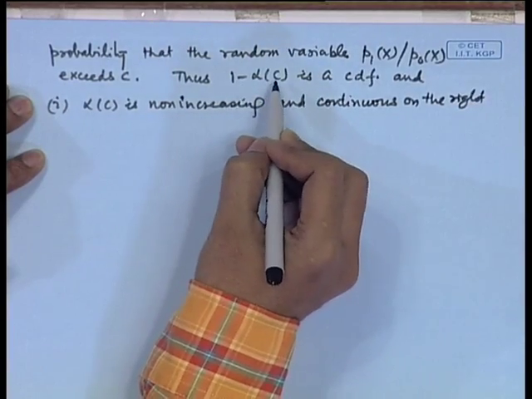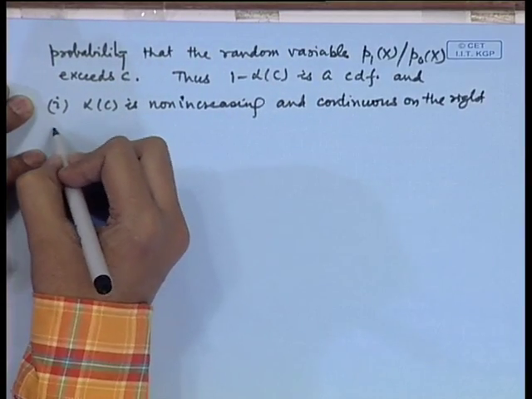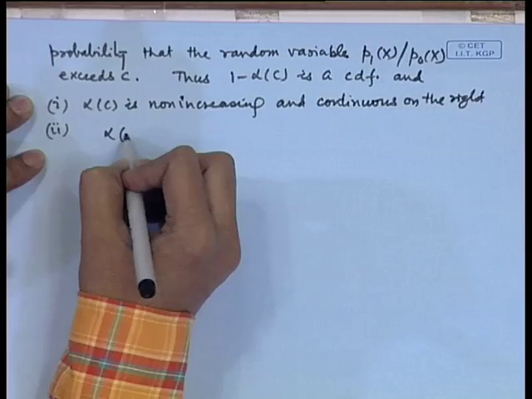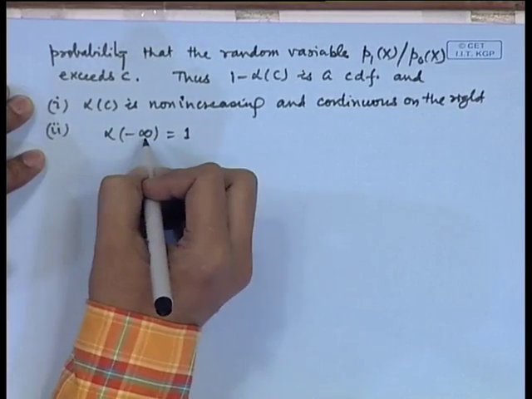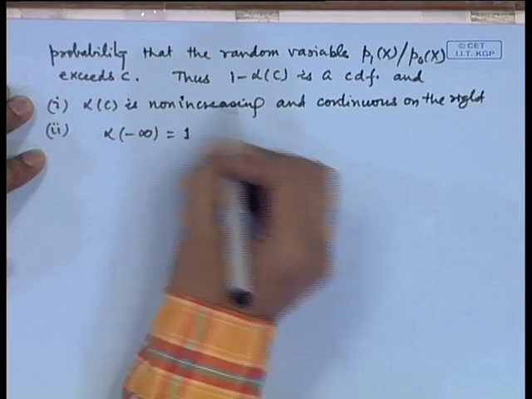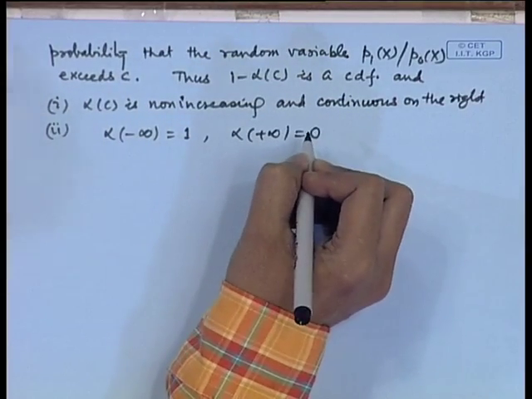If 1 minus alpha c is non decreasing, then alpha c will be non increasing. Secondly, alpha of minus infinity will be 1, that is the limit of alpha c as c tends to minus infinity, because 1 minus alpha c is a CDF, and alpha at plus infinity will become equal to 0.